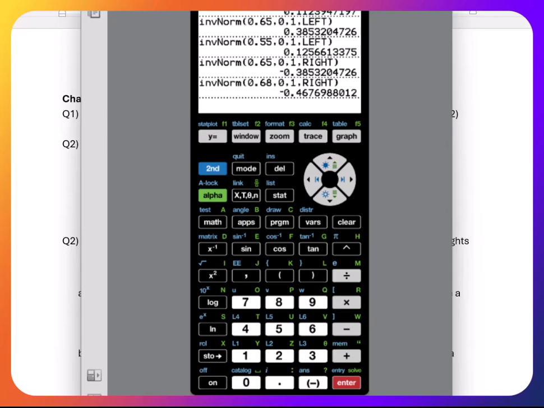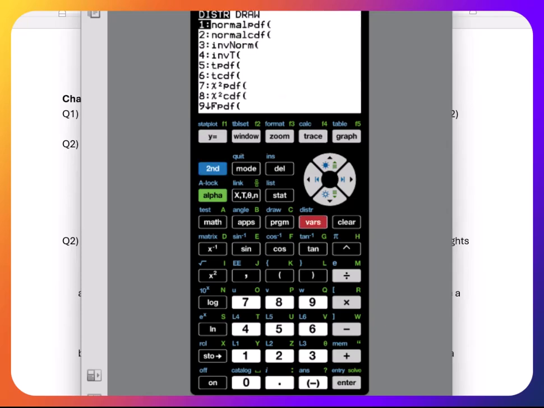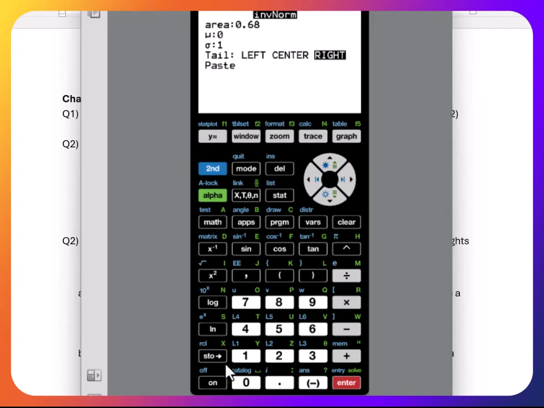But if your calculator doesn't show left, right, center, this is what you do. Let's say you don't have the tail on your calculator, which is fine. But instead of putting the area to the right, you have to put the area to the left. Since 0.68 is the area to the right, what would be the area to the left?